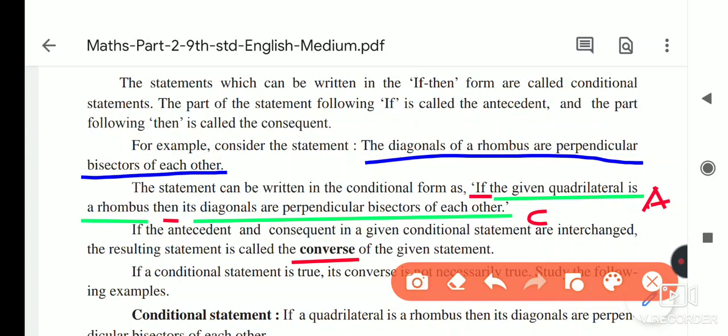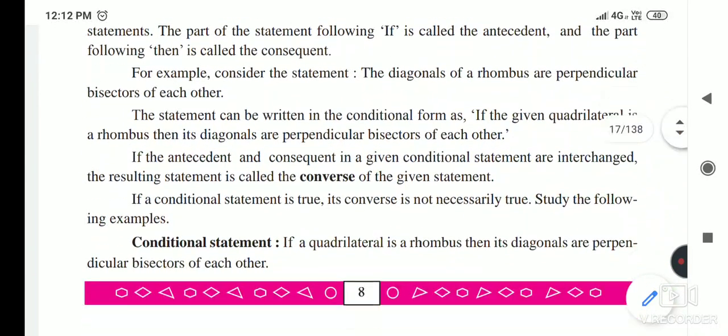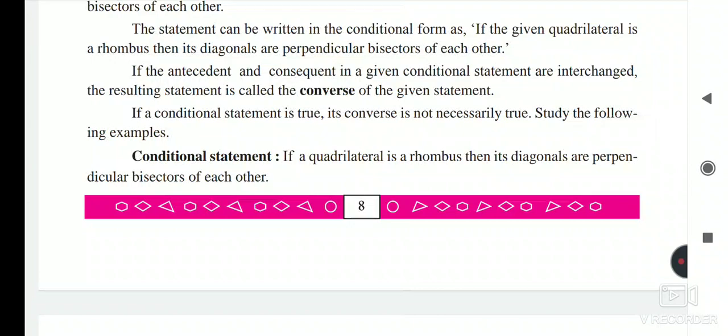If we change the position of the antecedent and consequent, the resulting statement is called its converse. If the antecedent and consequent of the given conditional statement are interchanged, the resulting statement is called its converse.